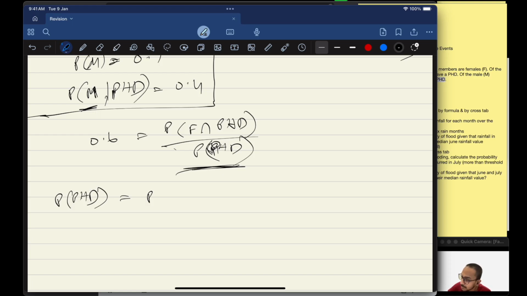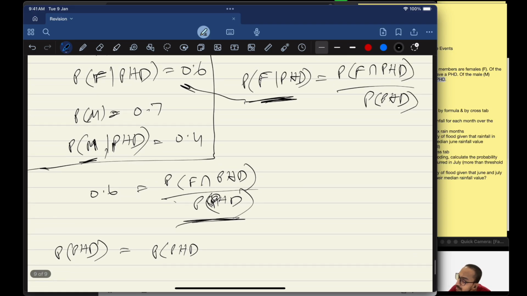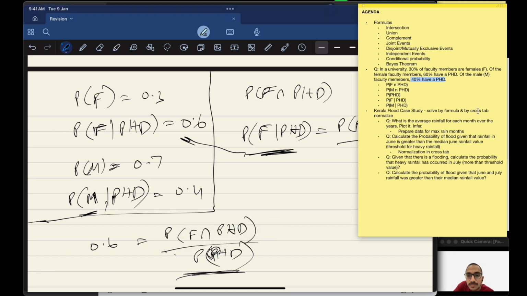So that will be P of male given PhD. No, that would be, okay, P of PhD. Is it male given PhD or PhD given male? Wait. Of the male faculty members, 40% have PhD.